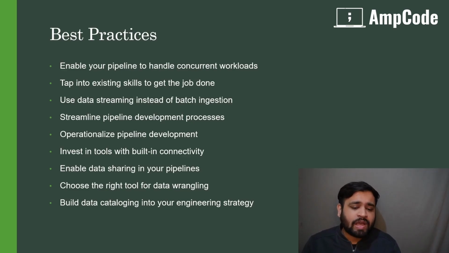The next one is you have to choose the right tool for your data processing, or we can say data wrangling. Let's say you have Apache Spark which can process the data, but it totally depends on what you want to achieve. If your data is coming from a sensor, it will have a lot of garbage values that you need to process. So your tool should be able to process that data to get it into the required format, so that it can be utilized in a further machine learning pipeline or for data analysis on top of it using SQL.